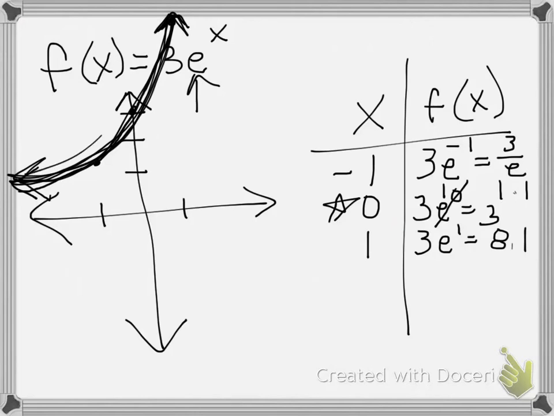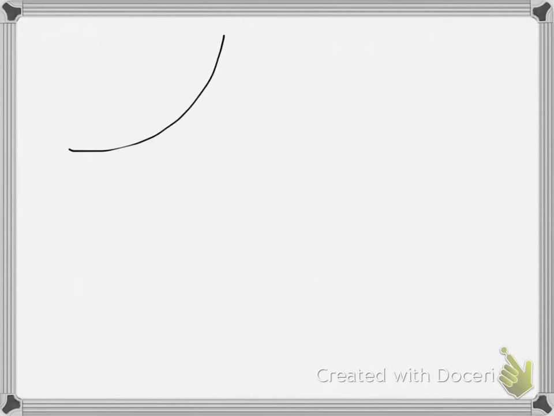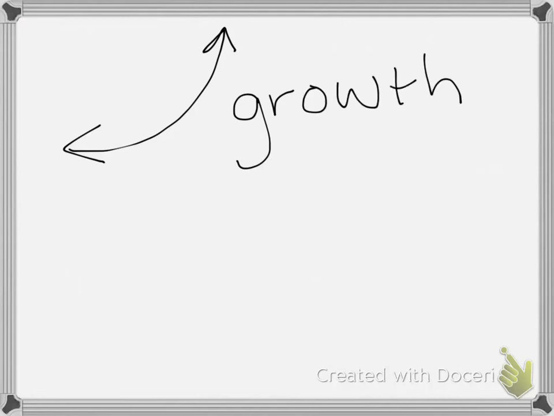Now notice that this equation is going up, so it is growing. So an equation that looks like this is a growth equation, and that always happens when the exponent up here is positive.